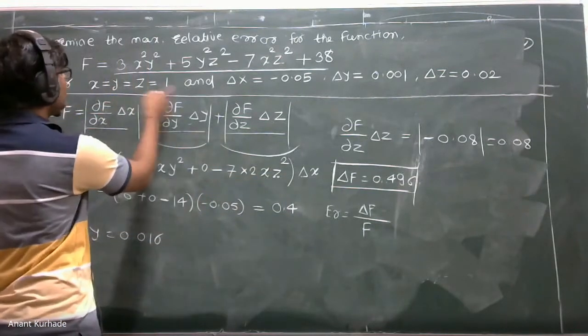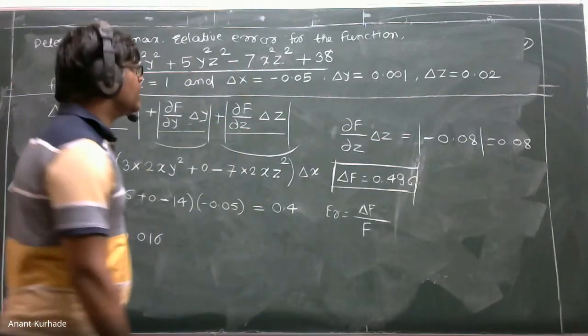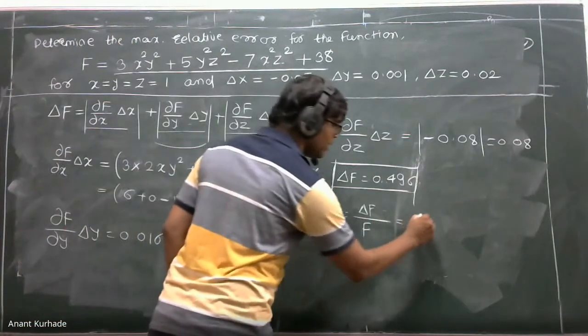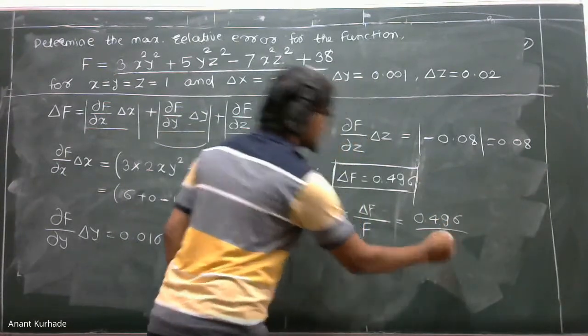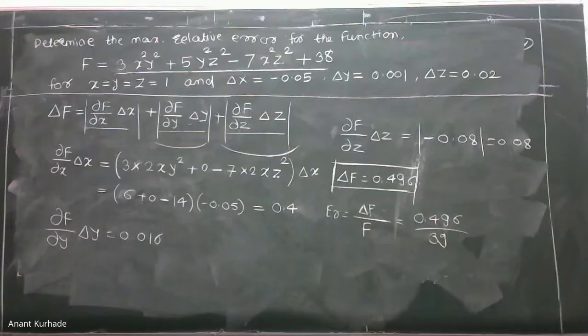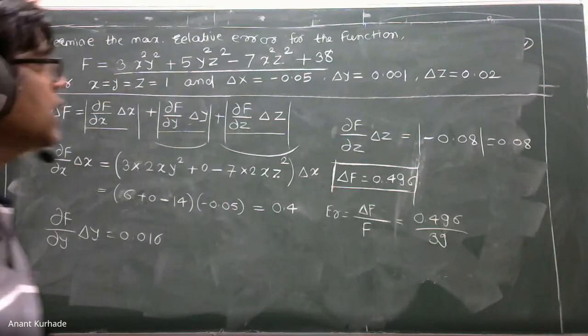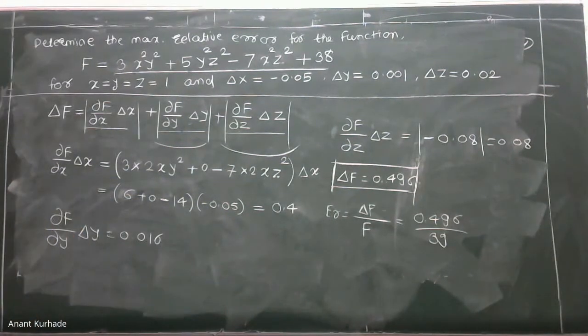Put 1, 1, 1: 3 plus 5, 8, minus 7, 1, 39. Now tell me this answer divided by 39, and that should be your final answer. 0.0127, so it is 0.01272. Always remember, error is always positive, don't write negative anywhere.